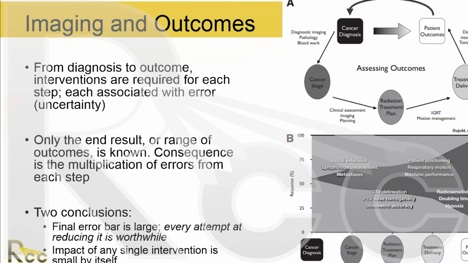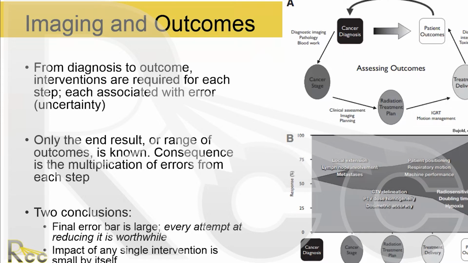So we only know the 2 points really well. We know that this person was diagnosed, and we know whether or not this person survived 5 years later. We don't really know all those things that went in between, but we do have an obligation to minimize our involvement, to minimize any uncertainty in our parts of the process chain.